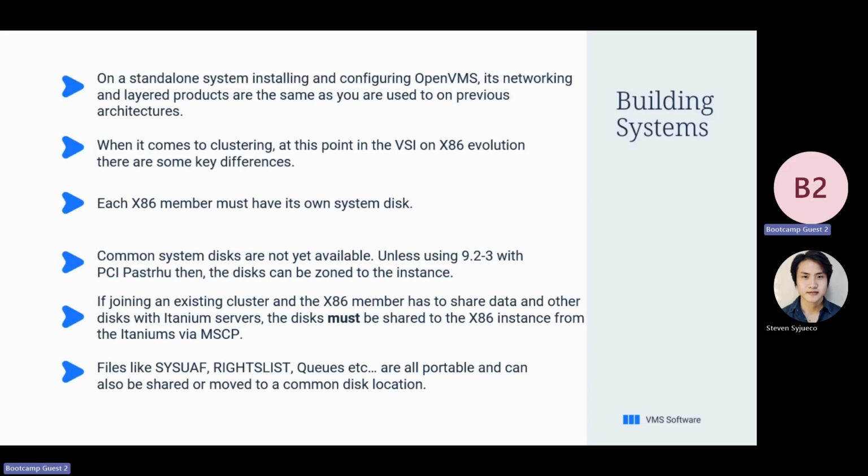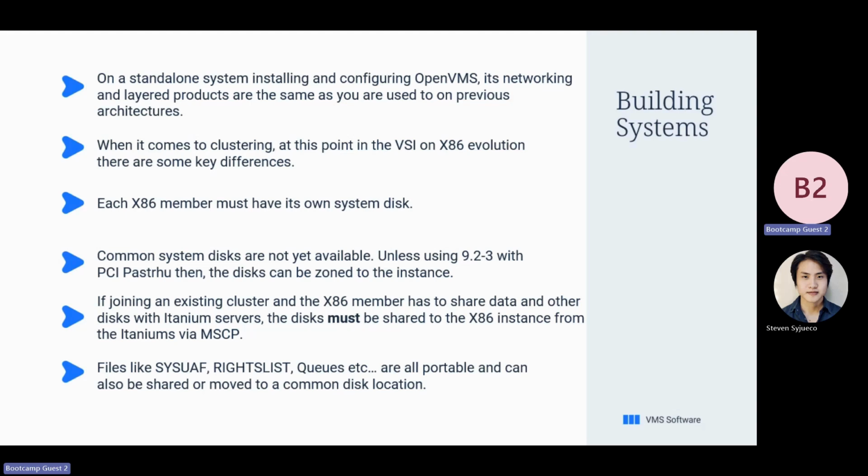If you're doing that, having your UAF, rights list, queue files, that sort of stuff, on a non-system disk, an aux disk or whatever you call it, ahead of time will save some time, and sometimes that may require a smidge of downtime to set up.